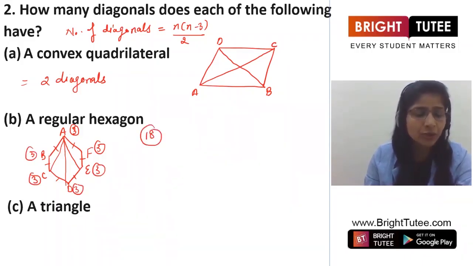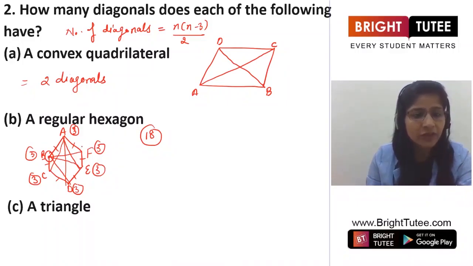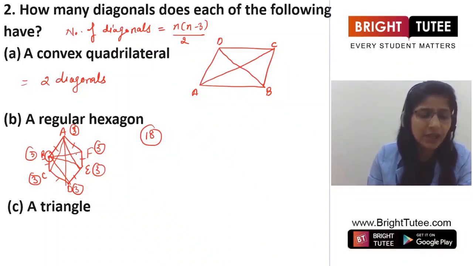But suppose you have to draw a diagonal from point B. Now from point B, the diagonal will be drawn to F, then to D, and then to E also. But now you try for F. From F you will draw the diagonal to B. BF or FB is the same thing. So one diagonal will be counted 2 times.